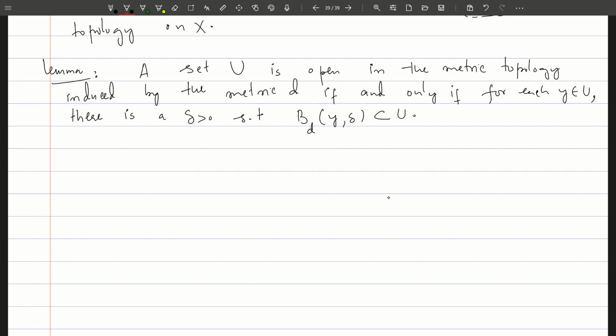So this is another way to look at the metric topology. This tells us how the open sets in a metric topology look like. In the metric topology, we call U an open set if at each point in U we have an open ball which entirely lies in U. So let us prove this.